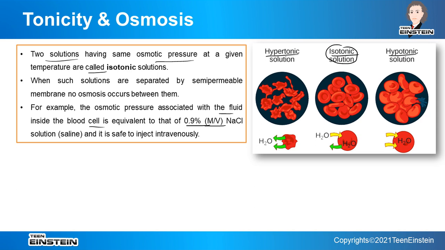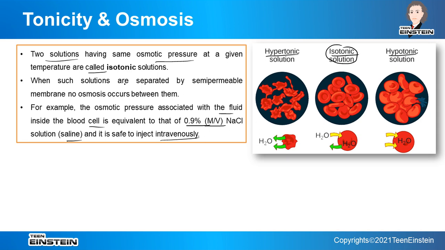Actually, I said by mistake that inside there is NaCl solution; there is no NaCl solution, but the osmotic pressure inside the cell is similar to that of 0.9% M by V NaCl solution, which is saline water. That is why if this solution is injected intravenously, there is no problem, and this is done.